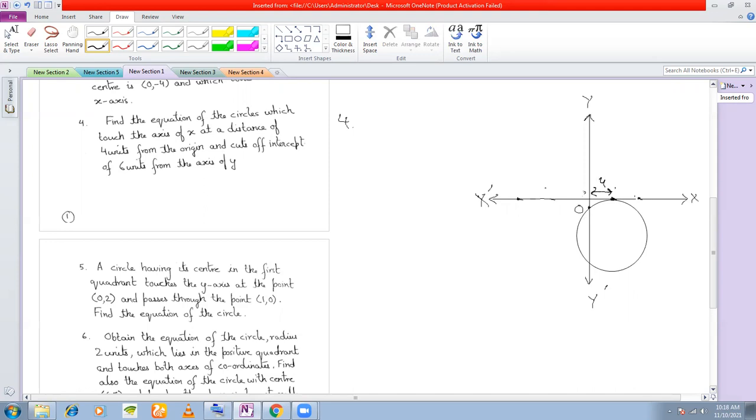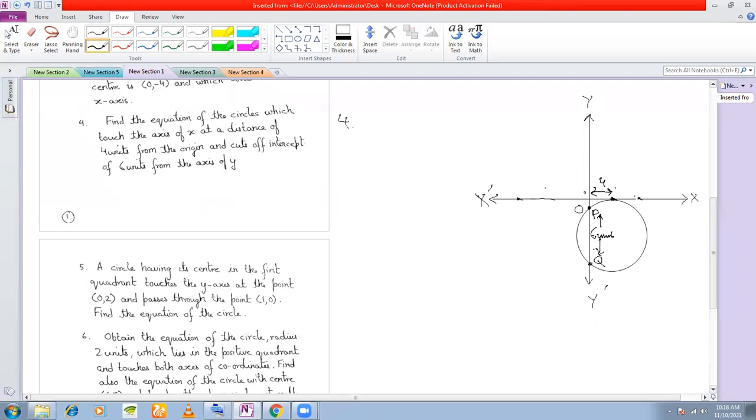And it is intersecting the y-axis at these 2 points, P and Q. So PQ is the intercept cut by the circle on the y-axis. Now what they mean according to this question is that it touches the axis of x at a distance of 4 units from the origin, and cuts off intercepts equal to 6 units. So this PQ, this length here, is 6 units.